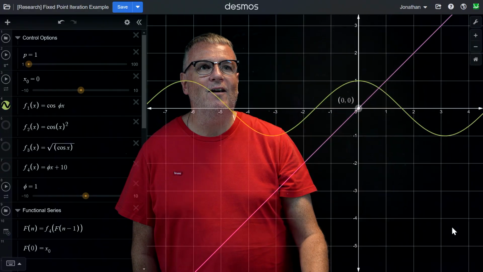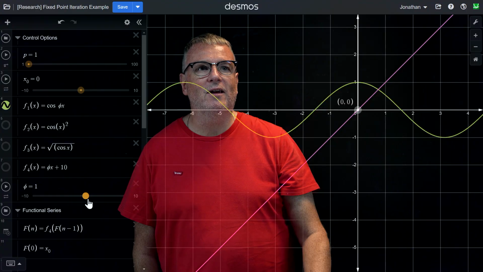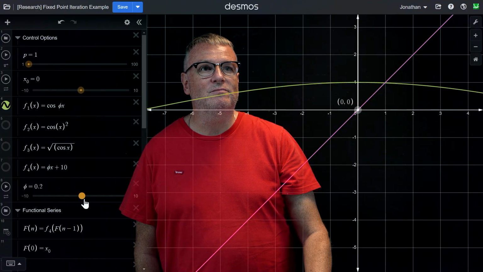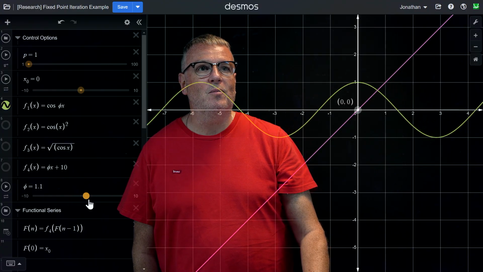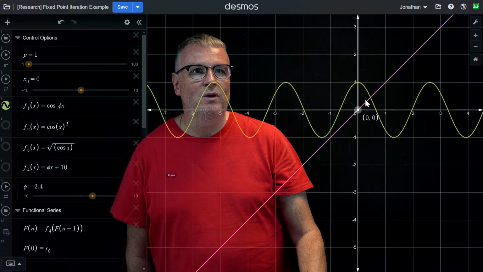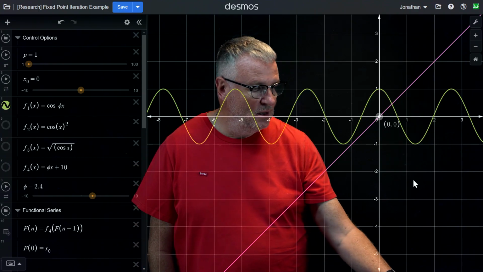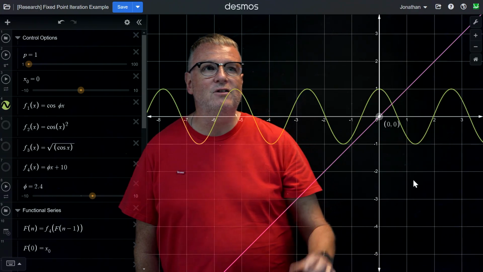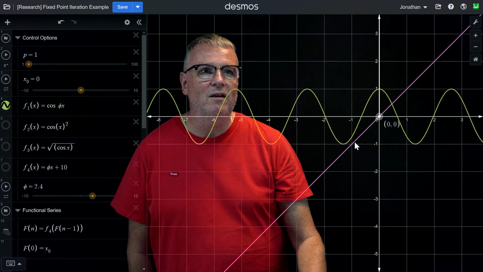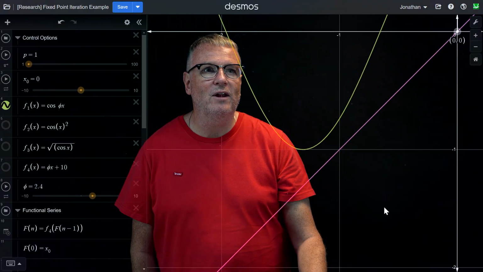And what I can do with this wiggly line is I can stretch it out, but I want to bunch it in. The reason why I want to bunch it in is we know that there's a solution here where these two points happen to match. But you see here, it's actually very close. They're getting very, very close down here.